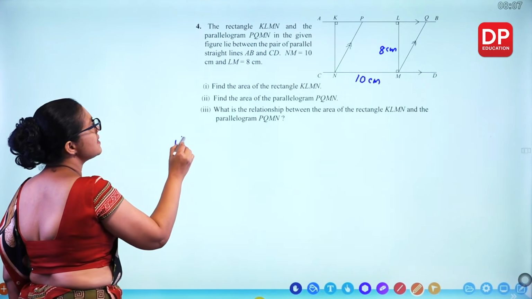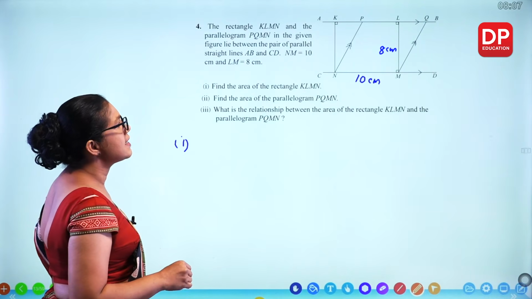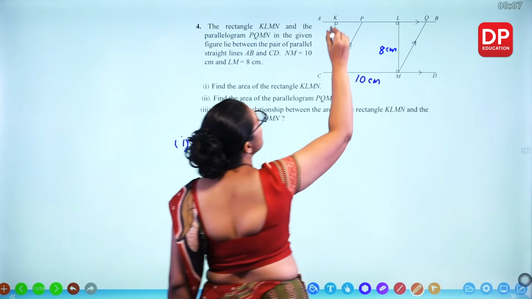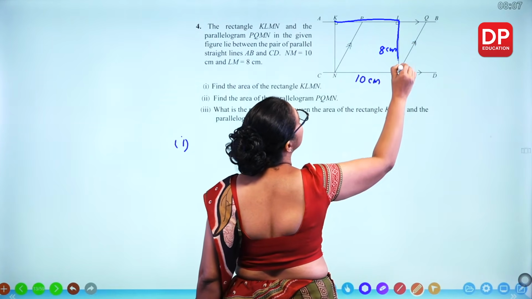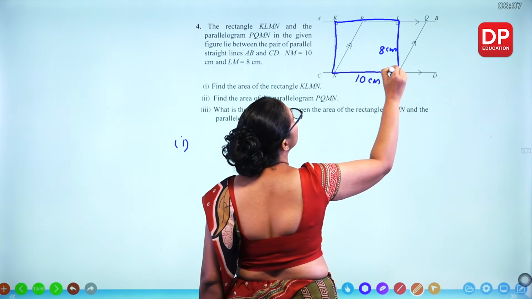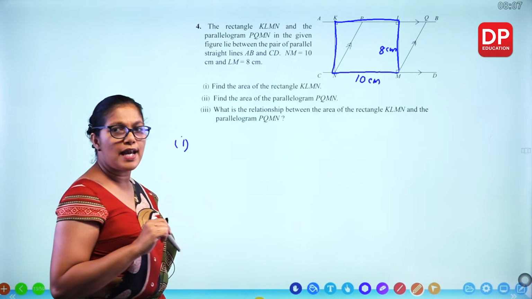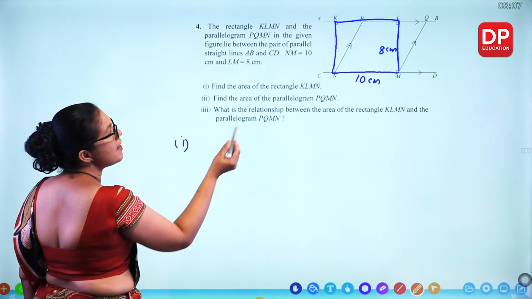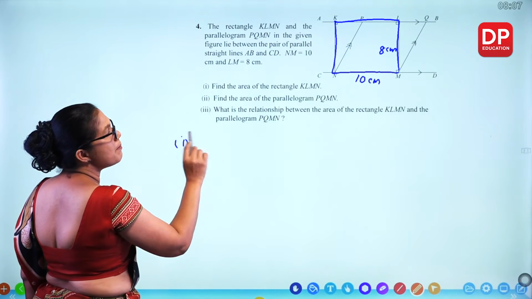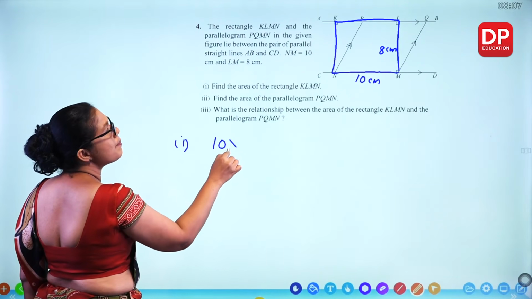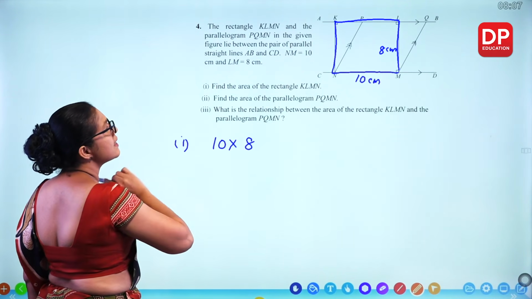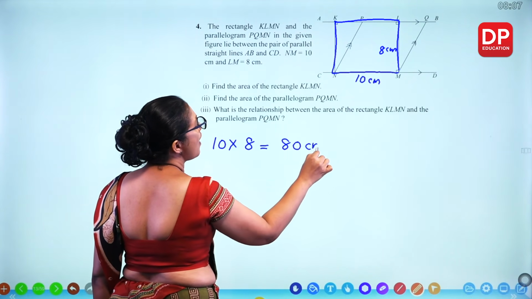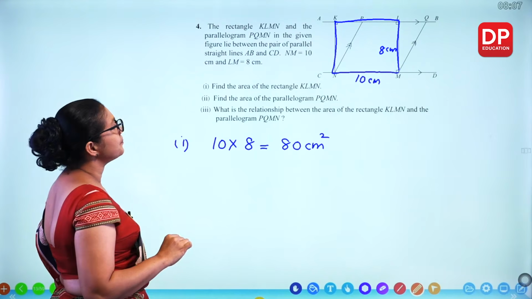First part says find the area of the rectangle KLMN. This rectangle. How can we find out the area? Base length times height. We can straight away write down base is 10 and the perpendicular height is 8. 10 times 8, 80 square centimeters.